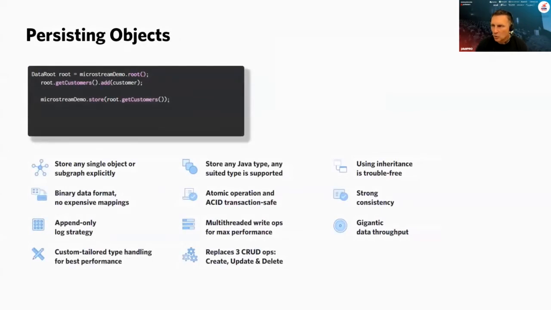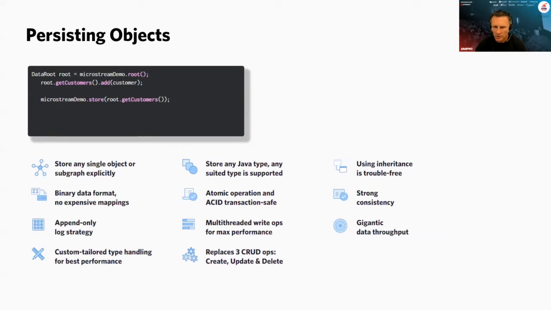And to store your objects, you only have to call one store method. And you have to call the store method on the object you want to persist. So for instance, let's say if you want to store an object in a collection, then you have to store the collection. So always the owner object has to be stored. And MicroStream cares for the rest.